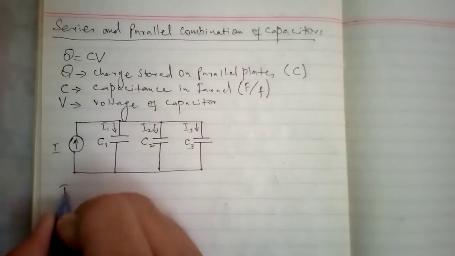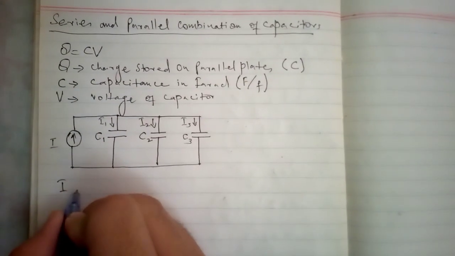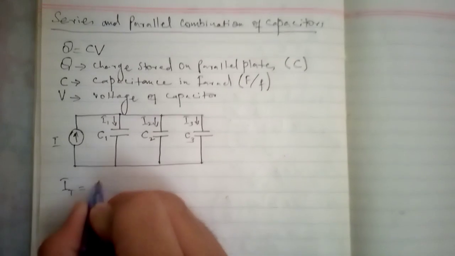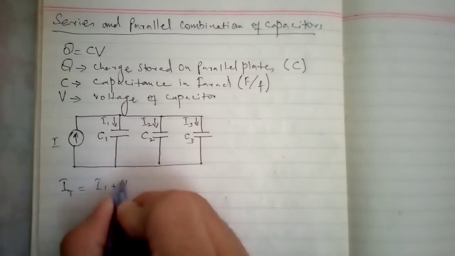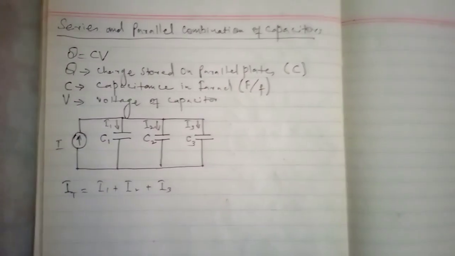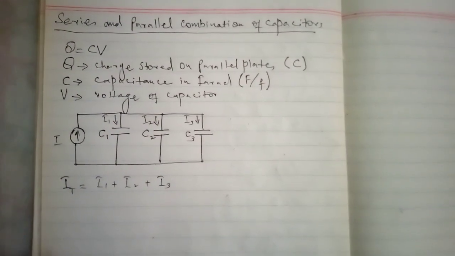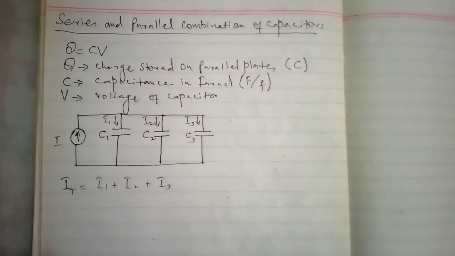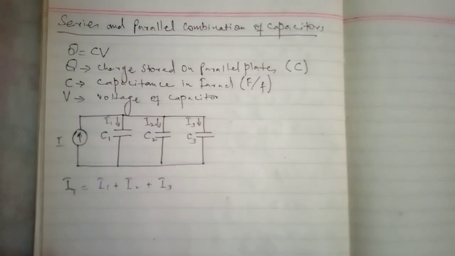So I is equal to I1 plus I2 plus I3. Total current is equal to I1 plus I2 plus I3.